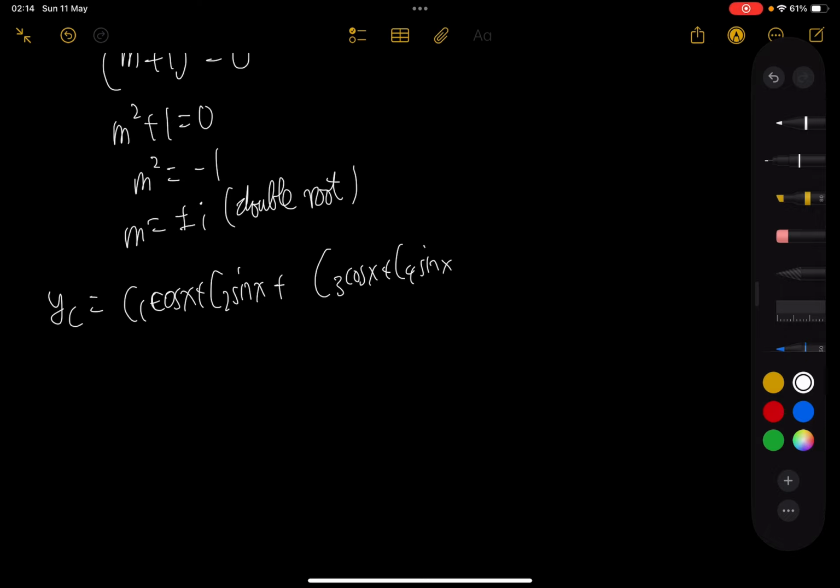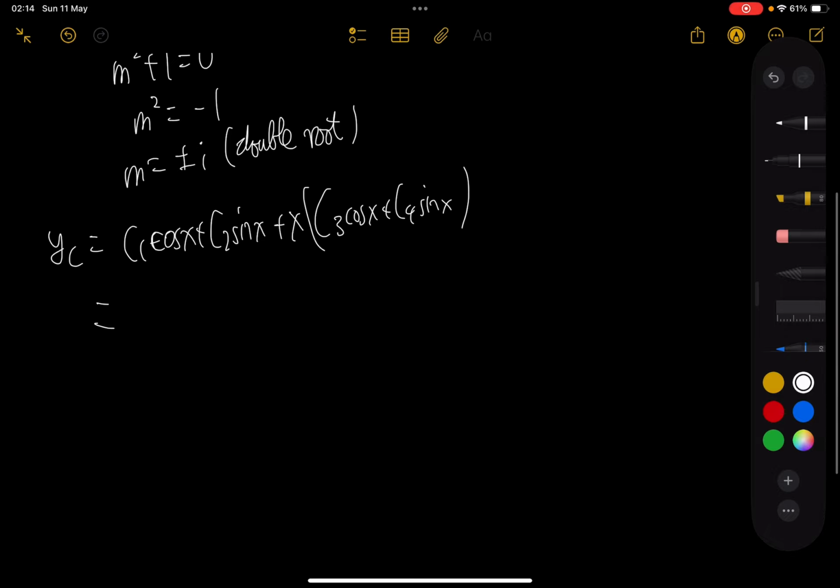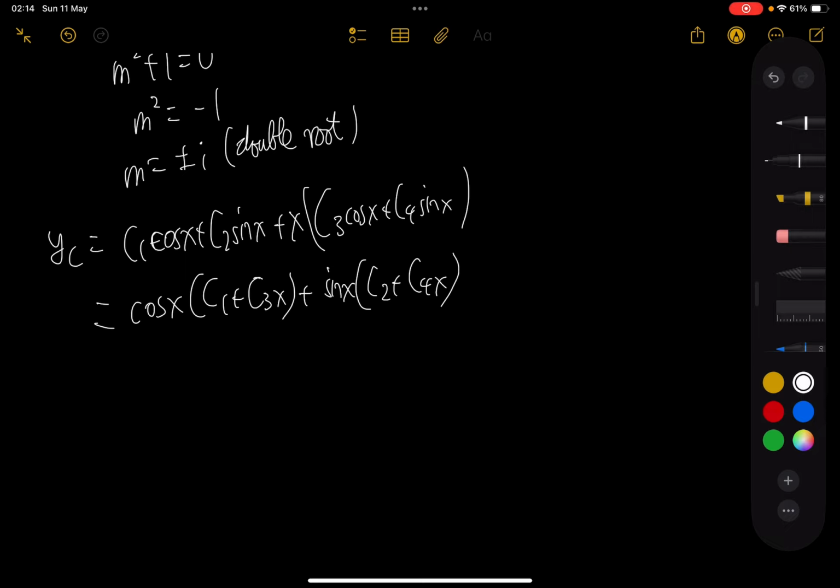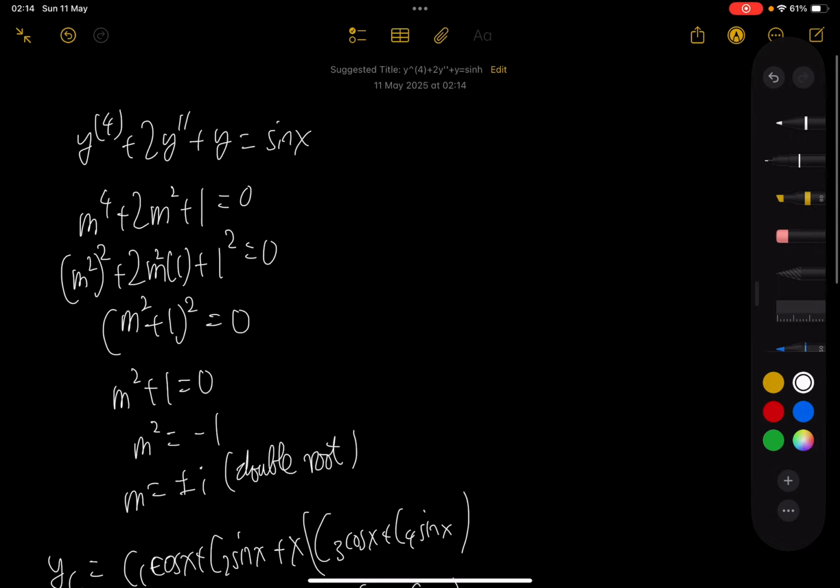Then we can factorize the cosine x and sine x. Therefore you can write this as cosine x times (c1 plus c3x) plus sine x times (c2 plus c4x). This is our complementary solution to this differential equation.